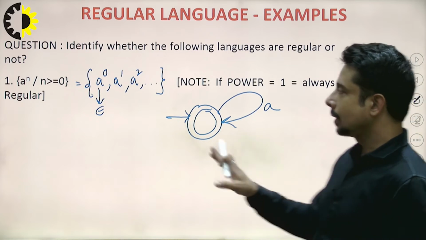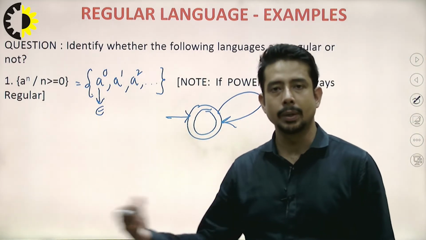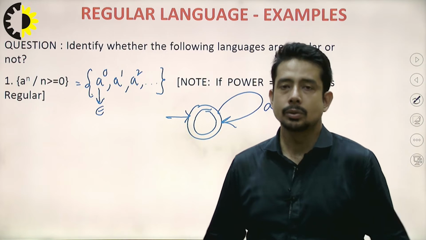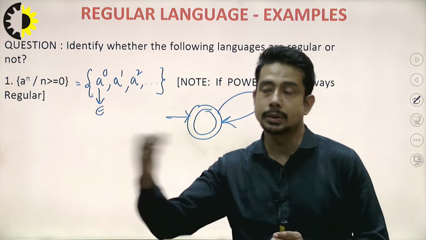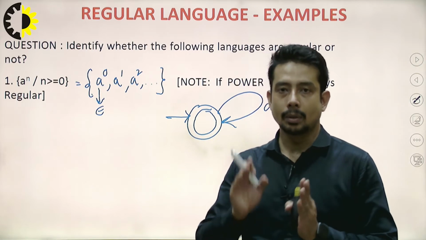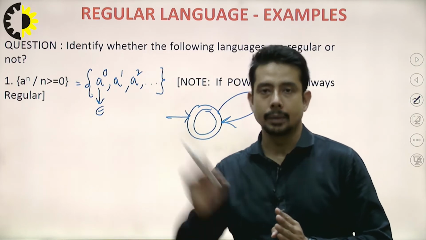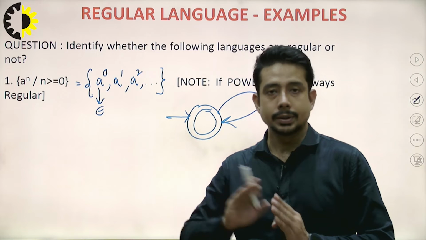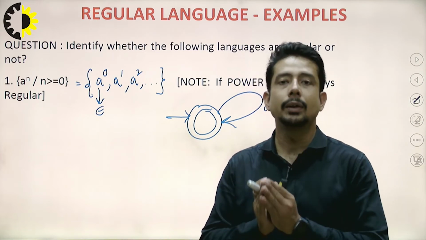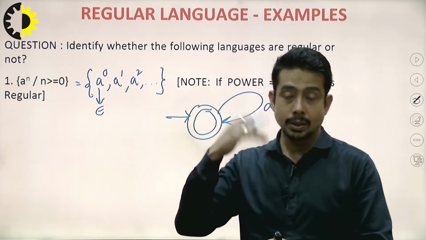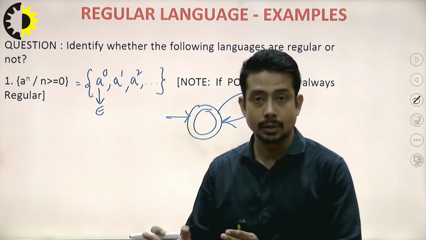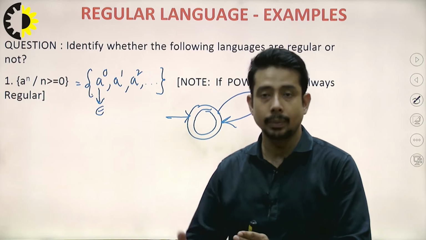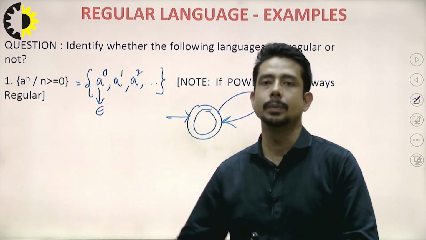If I say n equals 5, then a will be running 5 times. There is no memory concept. Memory comes when I am trying to compare. Suppose I am comparing a to the power n and b to the power n, where the n value is similar. If I give n equals 50, then the machine should remember that a is traversed 50 times, and after completion of 50 a's, b will start.